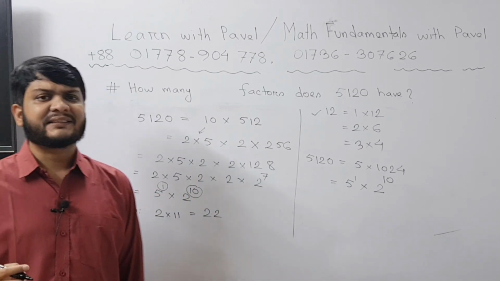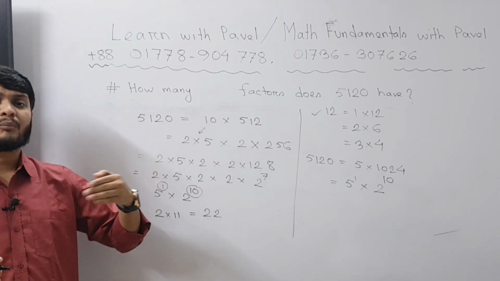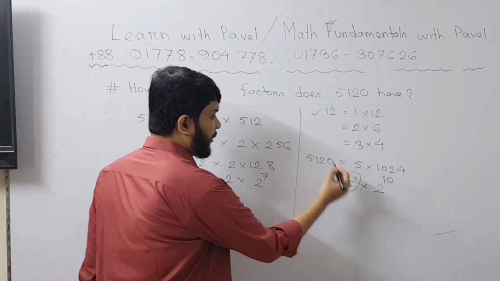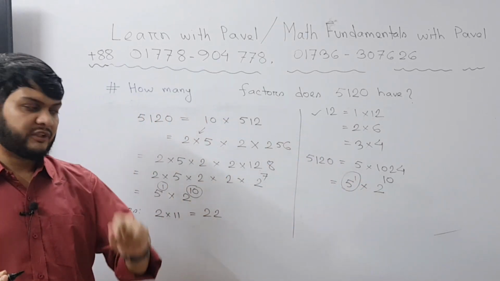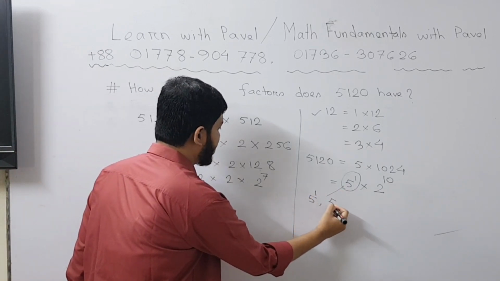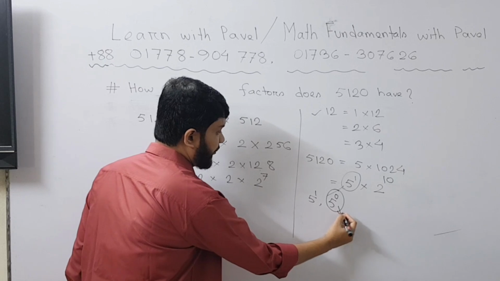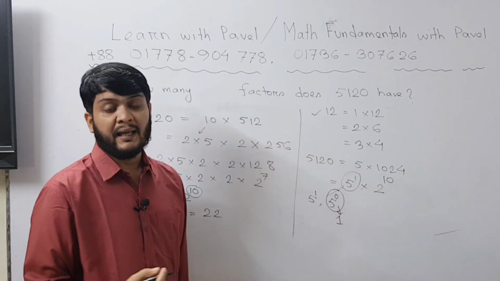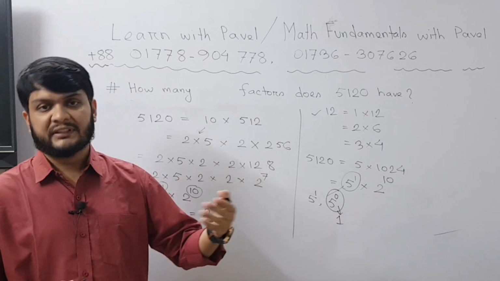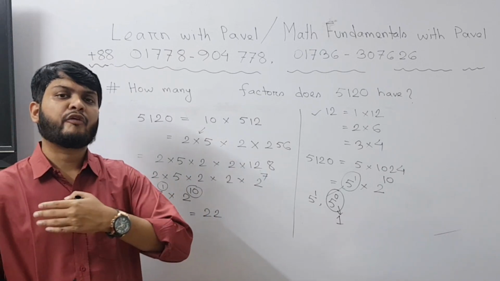Now you might ask, why do we need to take 1 more than the numbers? Because this number 5 to the power 1 has 2 factors. What are they? 5 to the power 1 itself and 5 to the power 0, because 5 to the power 0 is equal to 1, and we know that 1 is a universal factor because it is a factor of all the numbers.